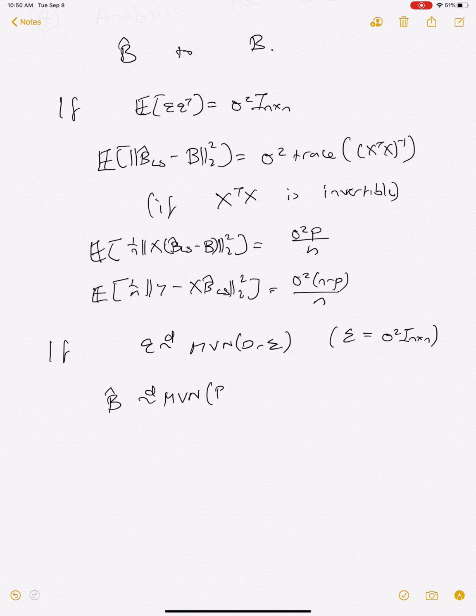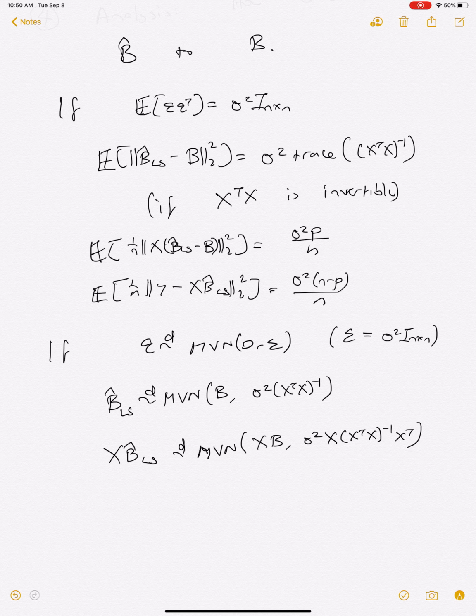I'll use beta hat LS here, but it could also be true for maximum likelihood because they're the same. The nice thing there was that you could actually derive the distribution, which allows you to do inference. And this was sometimes referred to as the hat projection matrix, P_X.